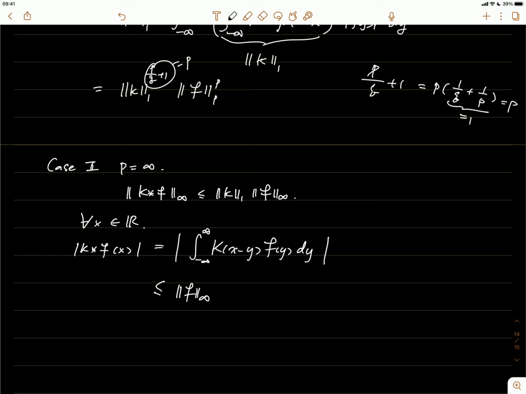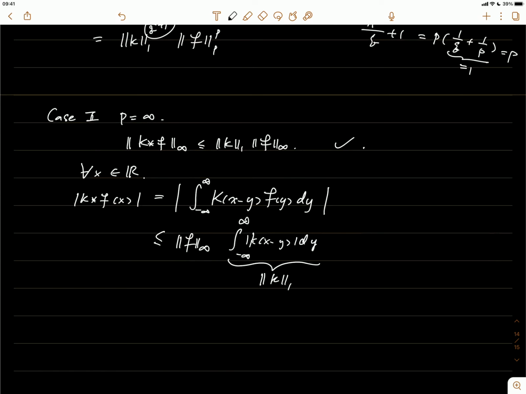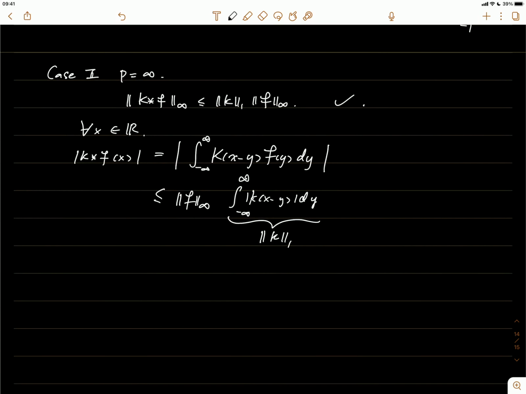So the function value f of y is less than or equal to this for almost all y. So it is less than or equal to this times the absolute value of k dy, from negative infinity to positive infinity. And this thing again here is this. So we show that for almost every x, this is bounded by that. So that's why this is true. Okay, so that's the second case.